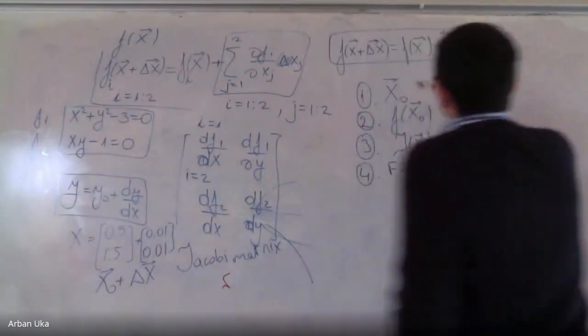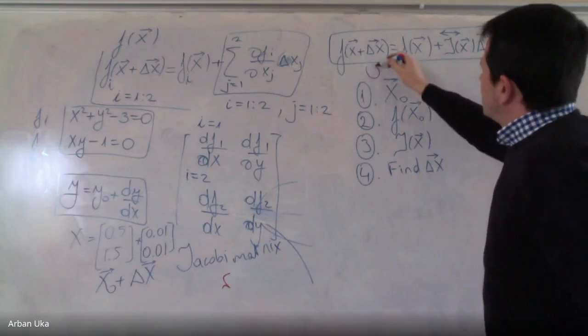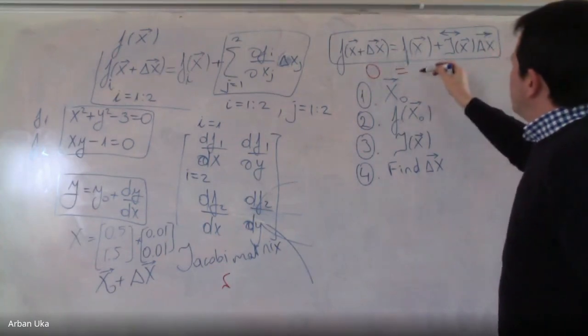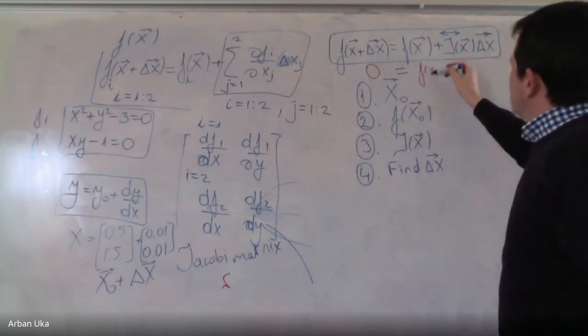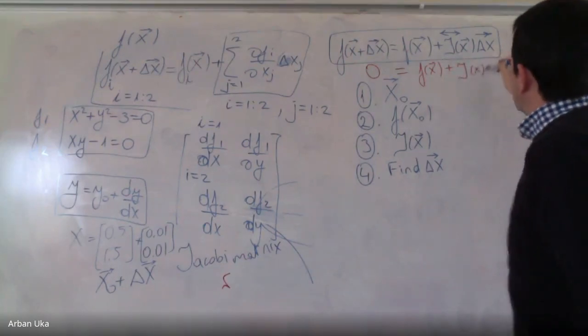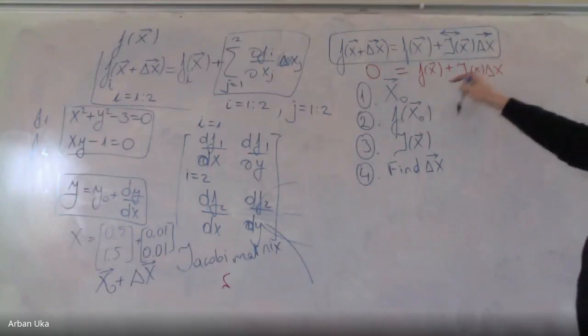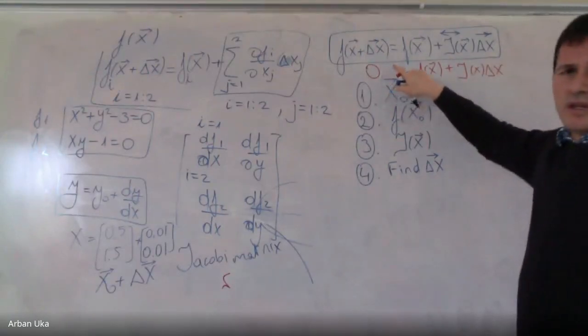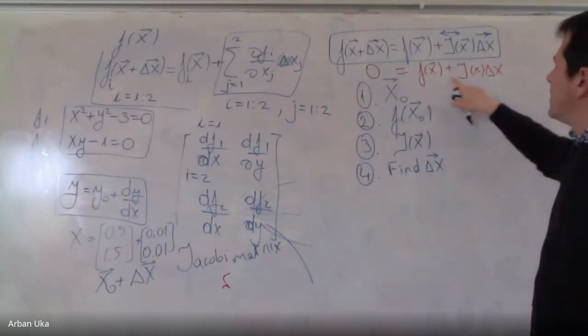So let's assume that now 0 is equal to f of x plus the Jacobi matrix times delta x. Okay? So hoping that this will be 0, we can write this equation.